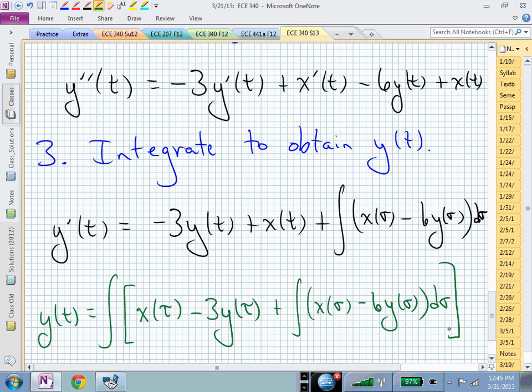Now I can close up that integral and say this is now d tau. Are we okay with what I did? I now have a nested set of integrals.